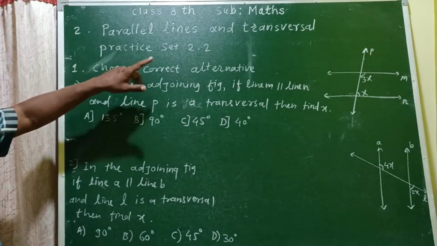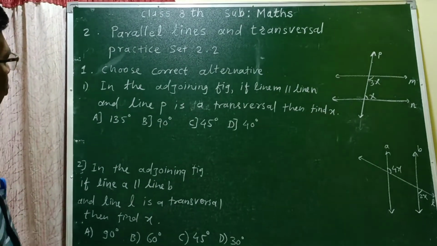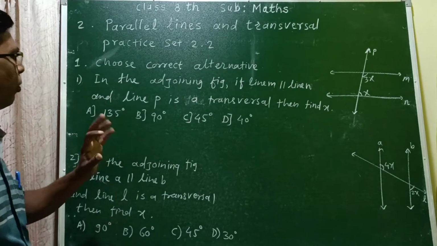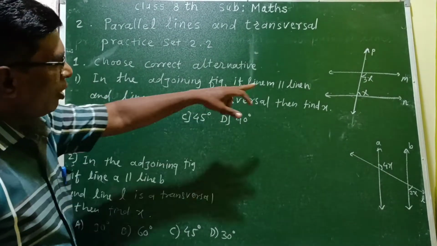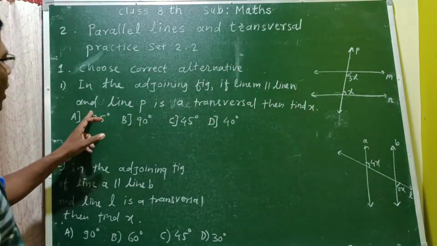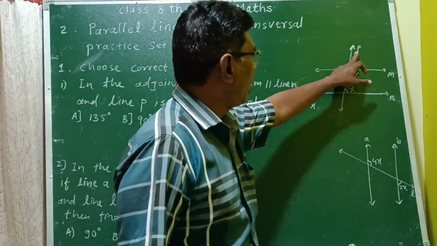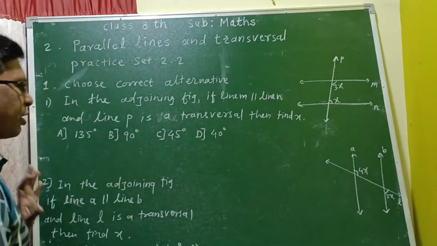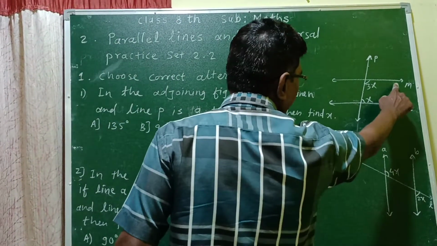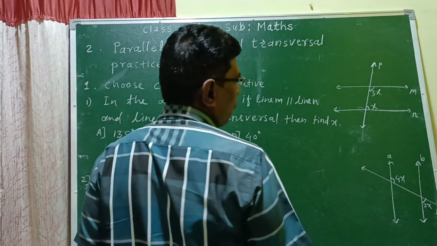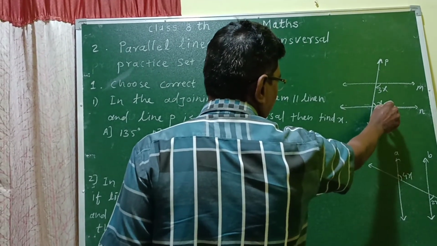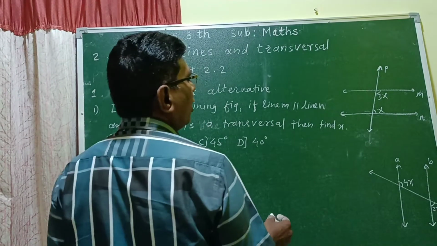Now practice set 2.2. Question 1. Choose the correct alternative. In the adjoining figure, if line M is parallel to line N and line P is a transversal, then find x. Line M and N are parallel and line P is the transversal, therefore angles 3x and x are a pair of interior angles.